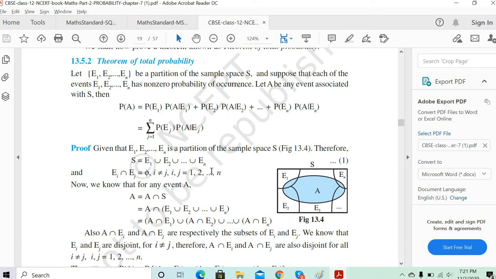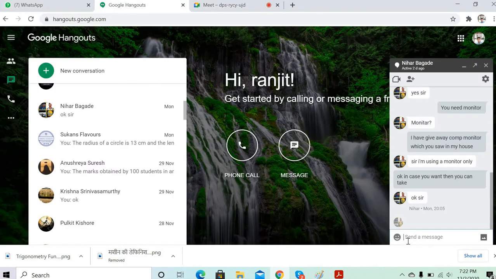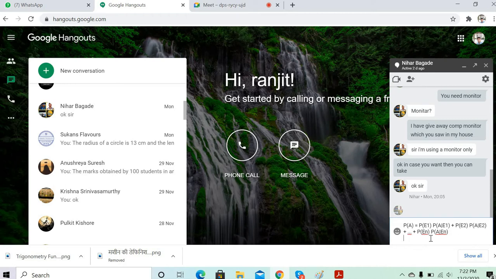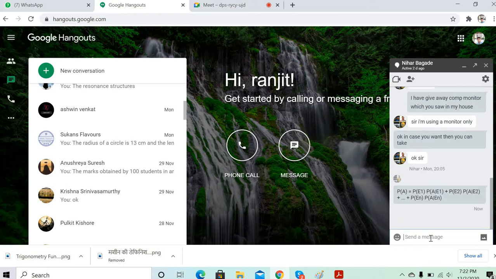Basically it's just a summation over all the events with respect to A. So probability of A will be given as P of E1 into P of A slash E1 plus probability of E2 into probability of A slash E2, and so on till the nth event. Got it? So this is the starting point of Bayes' theorem.